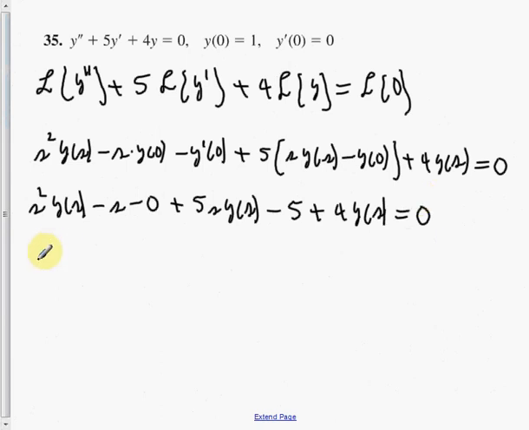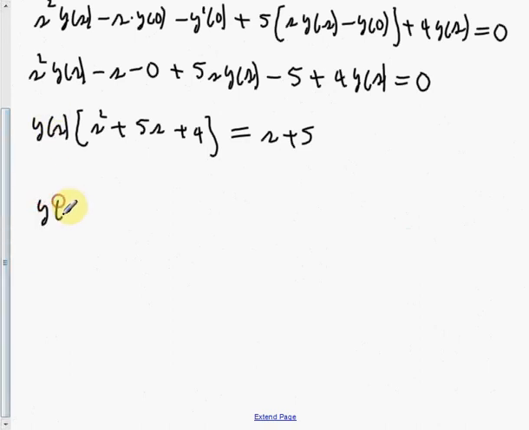Factor, get the Y of s's together. I have left s squared plus 5s plus 4. Get everything else on the other side. It's a plus s over here and a plus 5.